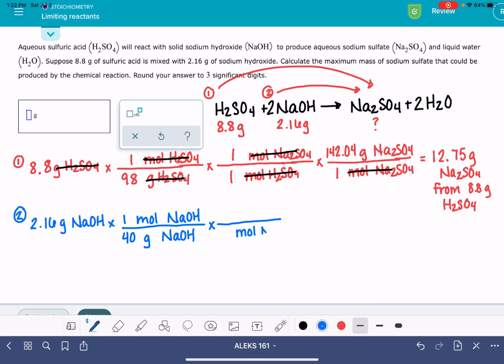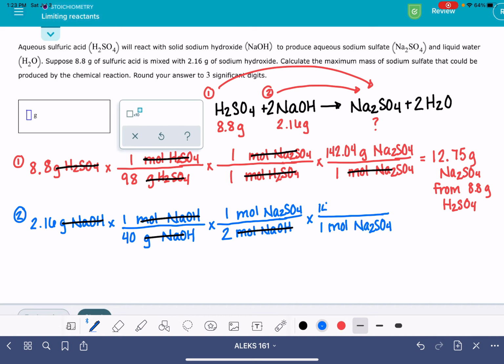We want moles of NaOH down on the bottom because we want to cancel that unit. We want moles of Na2SO4 on top. And these numbers are coming from the balanced equation. For the moles of Na2SO4, we need the stoichiometric coefficient, that's a 1. For the moles of NaOH, we need the stoichiometric coefficient, it's a 2. In the balanced equation, we have 2 moles of NaOH. And let's take a look at how our units are canceling. The last step here, we want to cancel units of moles Na2SO4, so we want that on the bottom.